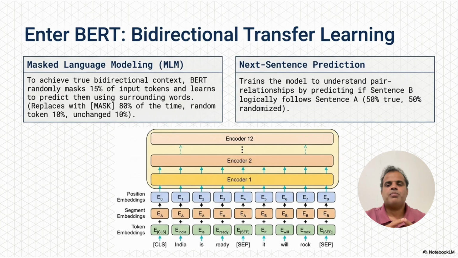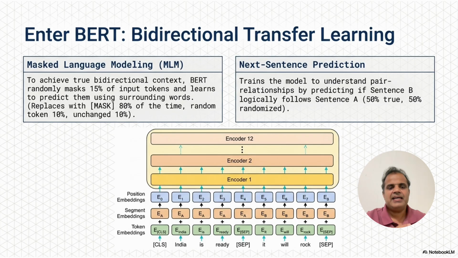Building on the transformer encoder, BERT introduces true bidirectional transfer learning. Unlike past models that read text strictly left to right, BERT trains on unlabeled text using two unique strategies. First, masked language modeling, where it hides 15% of input tokens and forces the model to predict them using both left and right context.